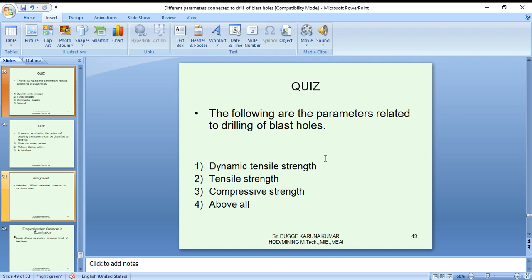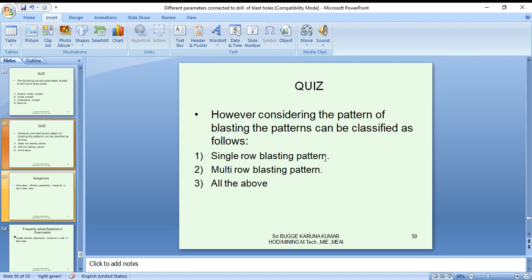Most of the parameters you are using here are also important for coming exams. Another second quiz: considering the blasting pattern, this can be classified as follows: single row blasting, multi row blasting, all the above. I am giving simple ones. You should be aware of this type of question for attempting.